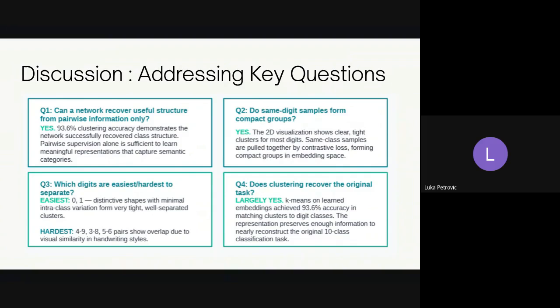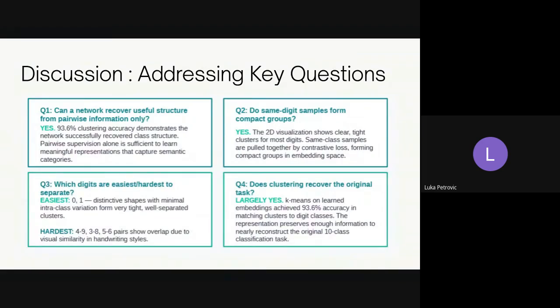As we see in the 2D embedding visualization, we see tight clusters, and digits that are different create really tight clusters. And the other question, which digits are easiest or hardest to separate in the embedding? 0 and 1 are the easiest, and other numbers like 4, 9, 3, 8 are hardest.